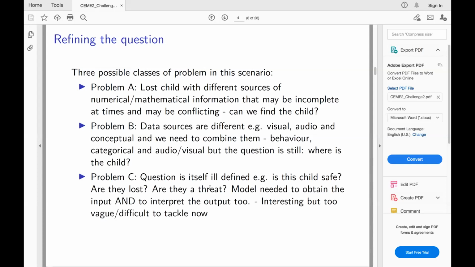We decided this was interesting, but given the limited time, too vague and difficult to tackle now. So the steer from DSTL was, can we focus on problem B? There are lots of algorithms to deal with problem A, and they're context specific. But problem B is the tricky one, when data is coming from different sources and has different types, and we don't know how to model the data, let alone process it in a unified format.